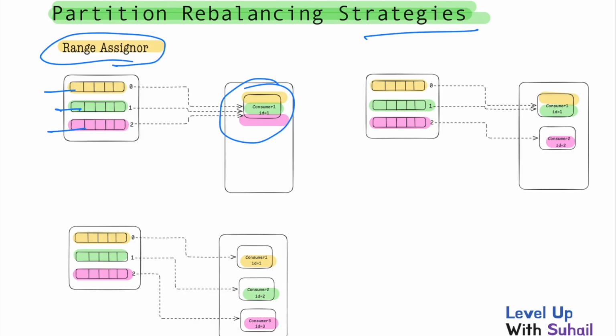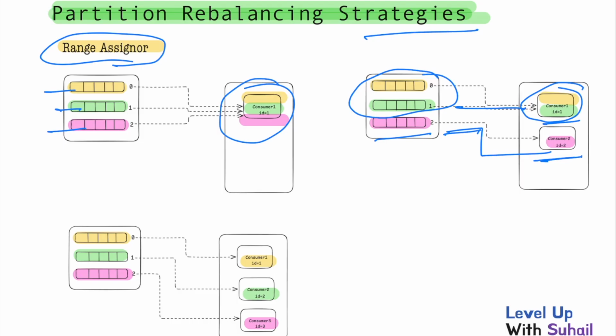As we spin up consumer 2, the pink partition has been assigned to it, and the remaining partitions stay with consumer 1, so the reassignment has happened. And when we spin up the third consumer, with the default strategy, what happens is this.